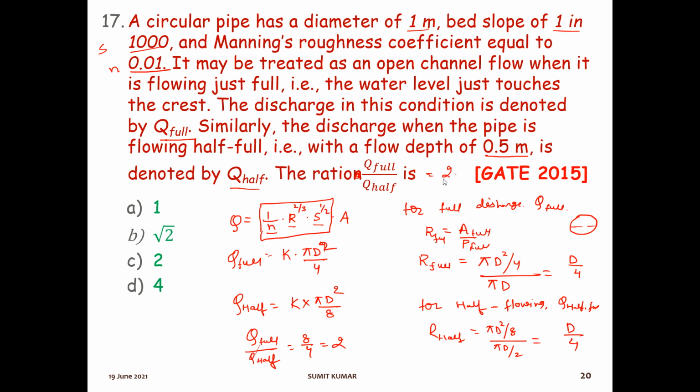It was a very simple question based on the formula discharge equal to 1 by n into R to the power 2 by 3 into S to the power 1 by 2, more or less a question of open channel flow. In the first case we considered the flow full, and in the second case half, and got the ratio Q full by Q half as 2. So option C is the right answer.